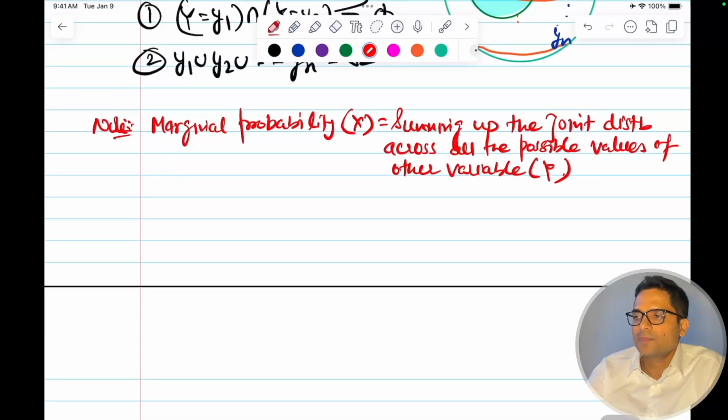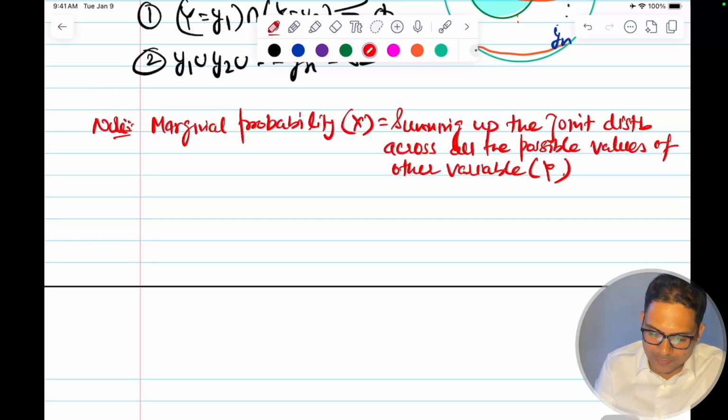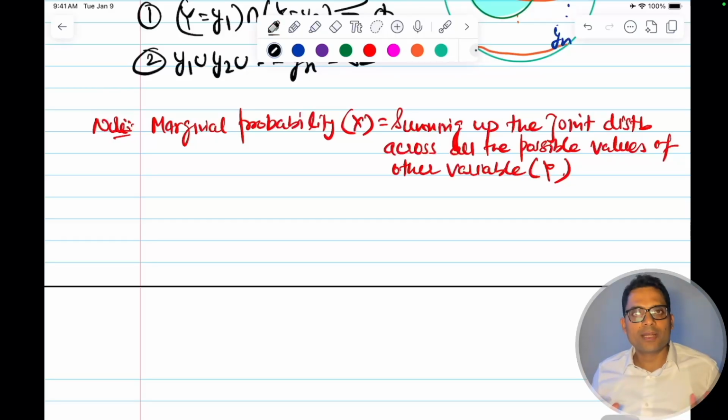Okay, so I hope this is clear. By now it should be very amply clear what is marginal distribution.